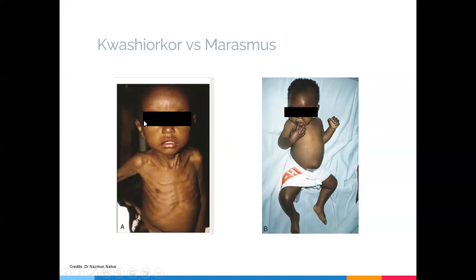And we can tell that this is marasmus, because what we know about marasmus is it involves muscle wasting, di ba, in the somatic compartment. So as you can see here, wa na kaayo yung muscles, no, not just muscles, but also the subcutaneous fats are sacrificed. Okay, so that's why the appearance is skin and bones or butot balat, di ba?